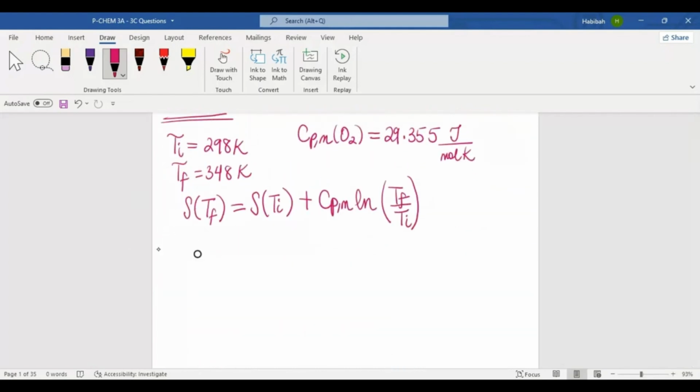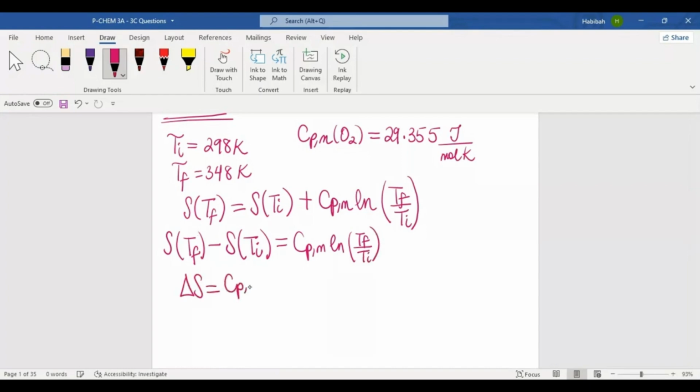So to rewrite the formula, the change in molar entropy can be written as the molar entropy at T final minus the molar entropy at T initial, and that equals Cp,m ln T final divided by T initial. So change in S is now basically the molar heat capacity at constant pressure times ln T final divided by T initial. This is actually what you're going to be working with.